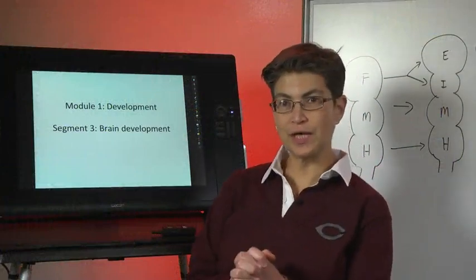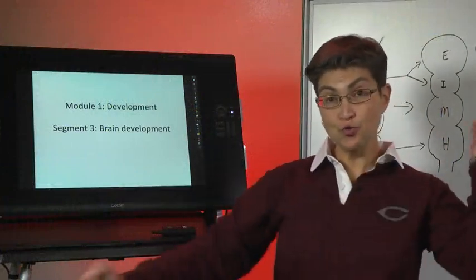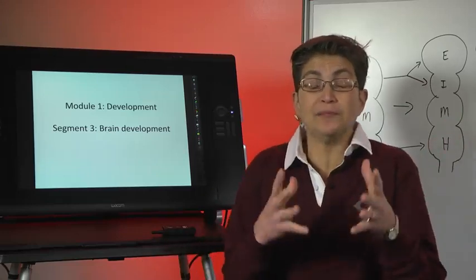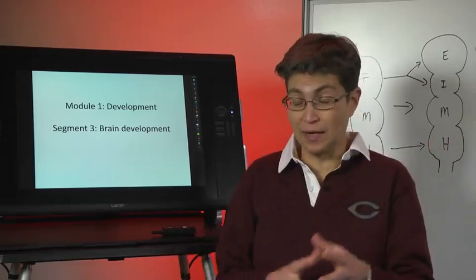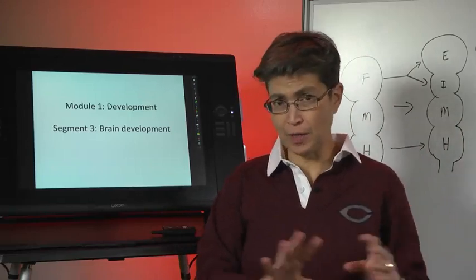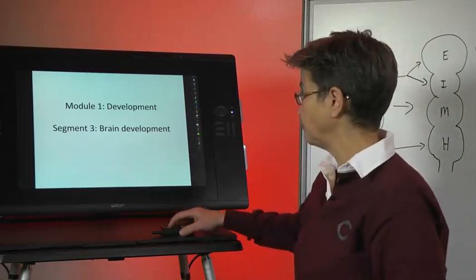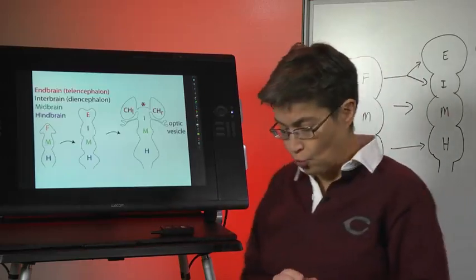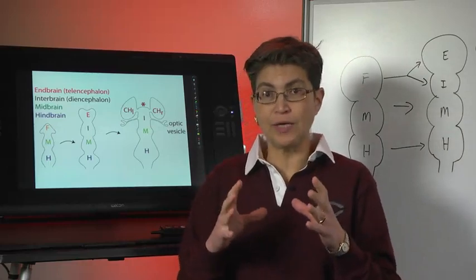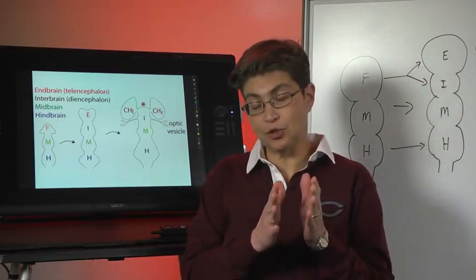Okay, so in this segment, we're going to see how the tube, a very simple tube, becomes that very complicated brain. We're going to pretty much ignore the spinal cord and focus on the brain. The first thing that happens is that by day 25 or 26, the tube is done.